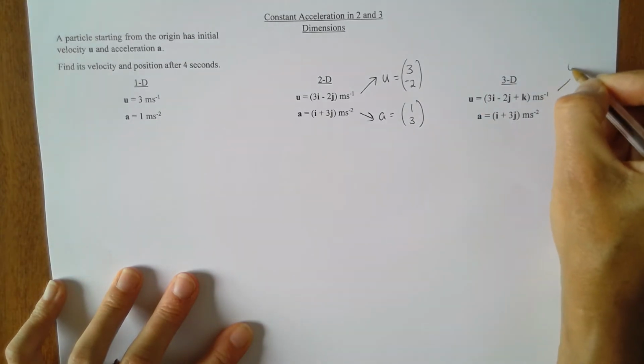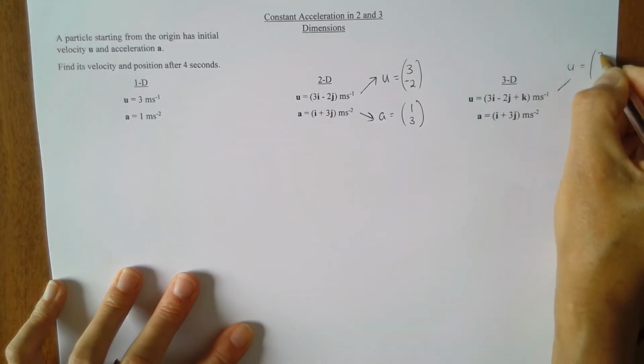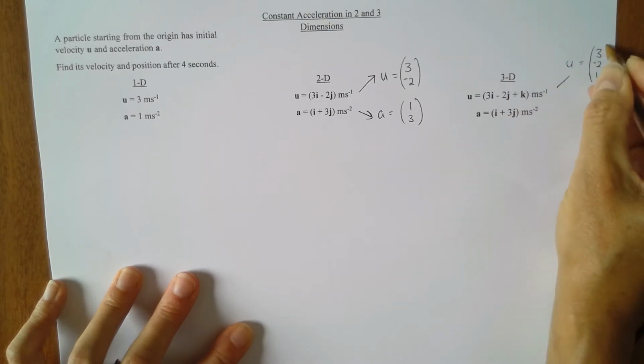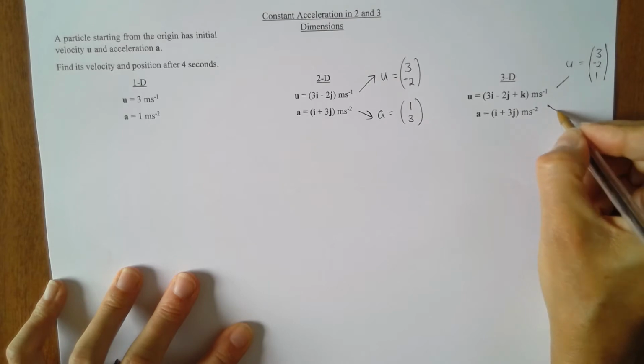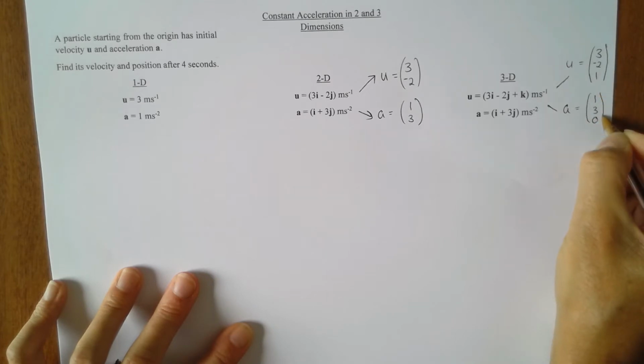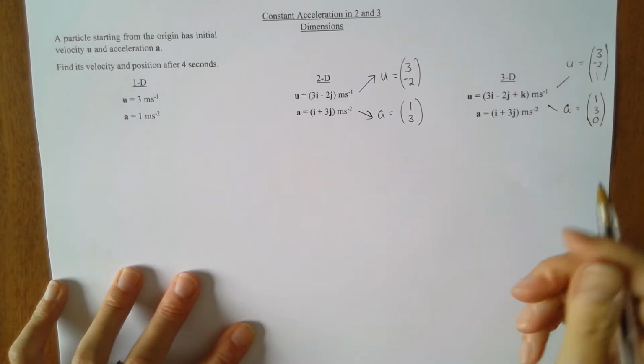Here, u equals 3, negative 2 and 1. And a equals 1, 3 and 0. Notice I must put the 0 in to show that it's in 3 dimensions.